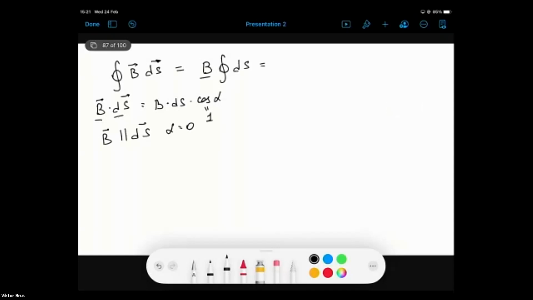So here we can now write the expression which we already mentioned on the previous slide for the magnitude of the magnetic field vector next to a straight long wire with electric current, that is mu naught times I over 2 pi r. Here r is the distance from the wire to the point on the closed loop, and this is actually the radius of this circle which we integrate along.